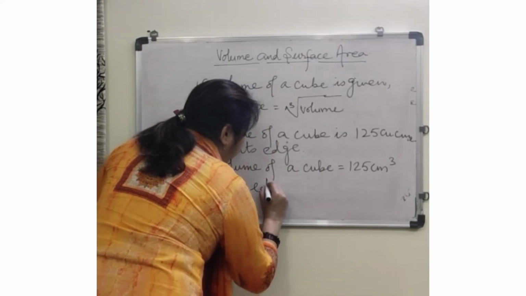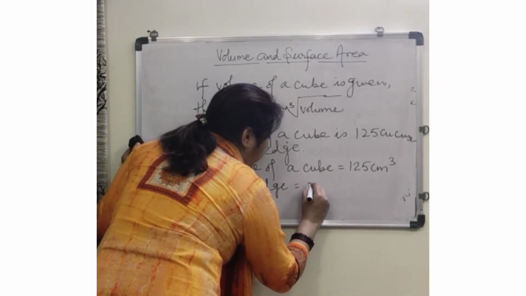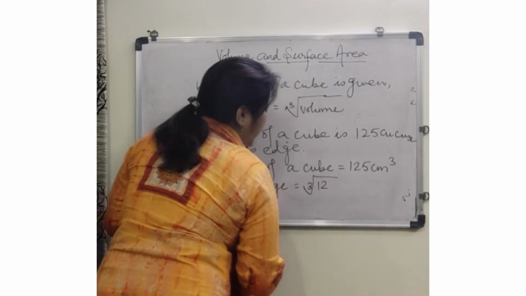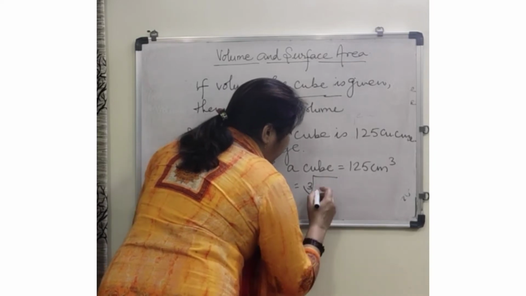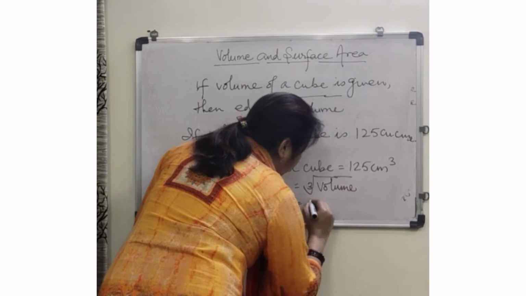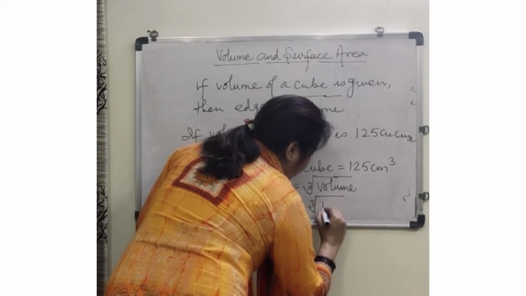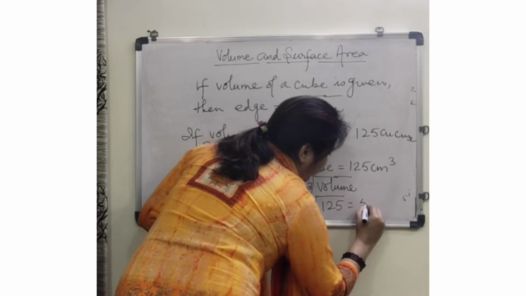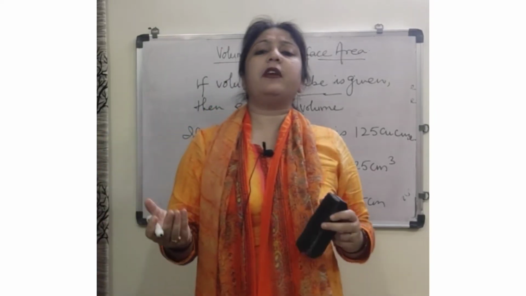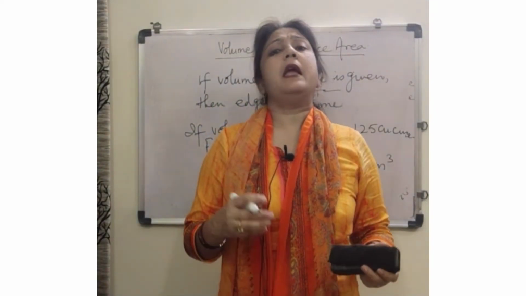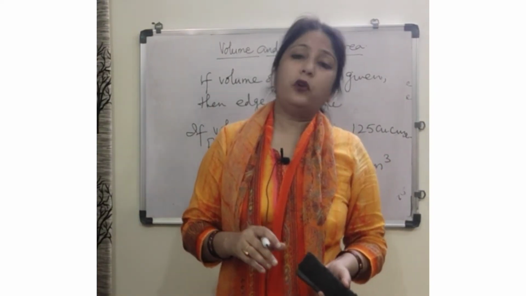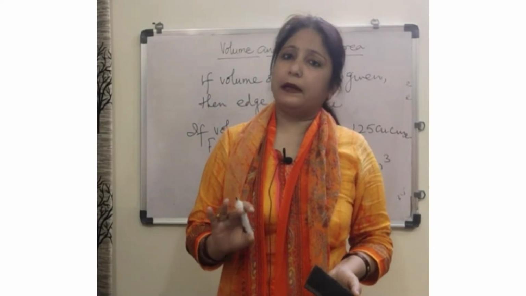And you have to find edge. So write the formula of edge, that is third root of volume, which is cube root of 125, that is 5 centimeter. So this is how we can correlate. If edge is given, you can calculate the volume of a cube. If volume is given, you can calculate the edge of the cube. So is that part clear to you all?